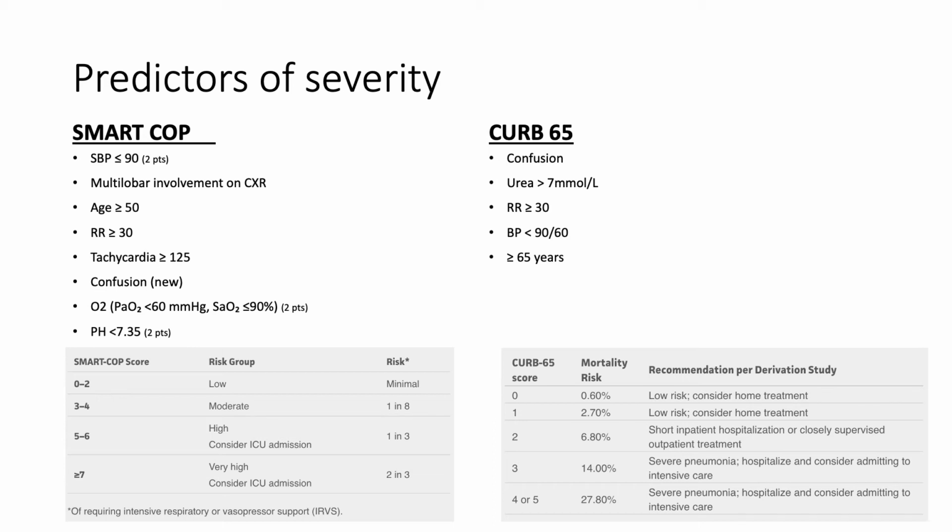So in the CURB-65, if they only have one or none of those risk factors that you see there, so if they're fairly young and they're hemodynamically stable and they're not neurologically confused or drowsy and such, you can consider just sending them home with some antibiotics to be treated as an outpatient and reduce unnecessary admissions.